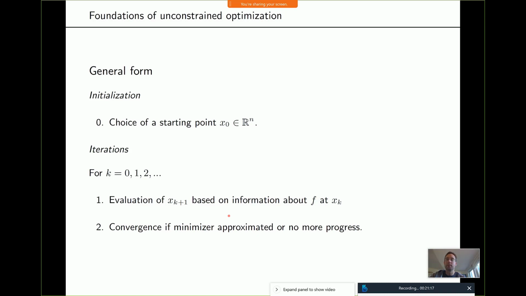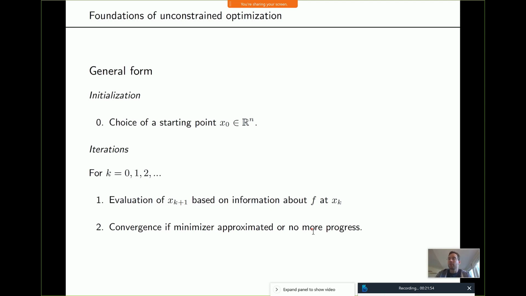This is the typical convergence criterion: if the gradient is 0, then you stop, or you stop if somehow there's no progress anymore. In terms of convergence criteria, that really depends on different algorithms. One thing to check is also if the function f is still decreasing. If it's not decreasing anymore, then you might as well stop. So that really depends on the algorithm.